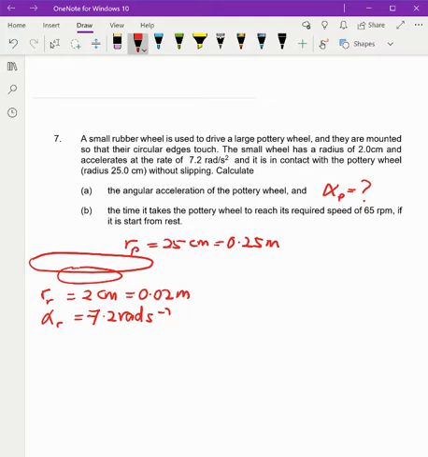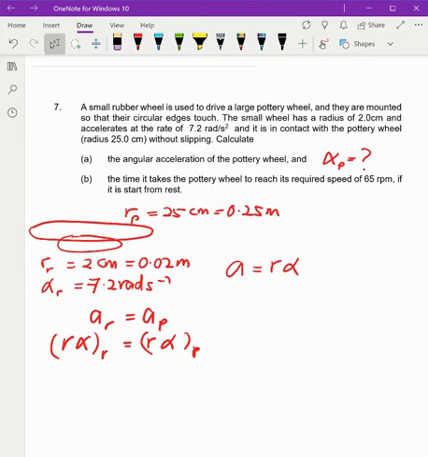Okay, so what we know about these two wheels, because they are attached together, is that the linear acceleration for the rubber is equal to the linear acceleration for the pottery. And the equation to calculate linear acceleration, as we know, is a equals R alpha. So we substitute: R alpha for rubber equals R alpha for pottery.